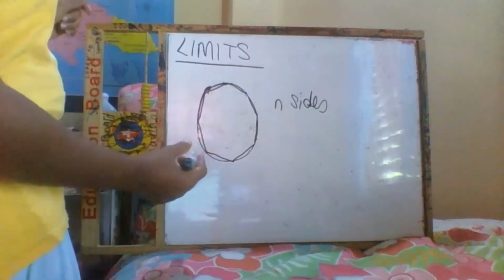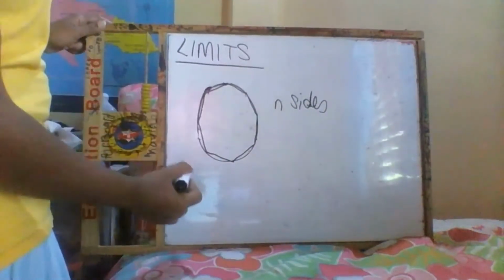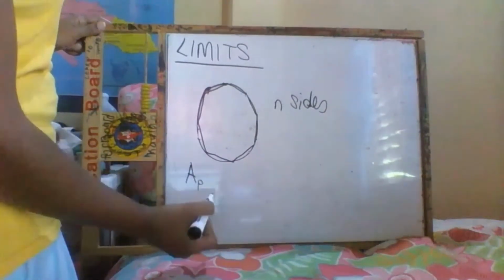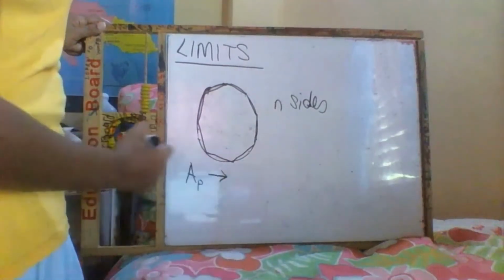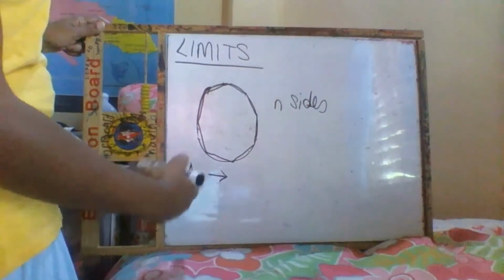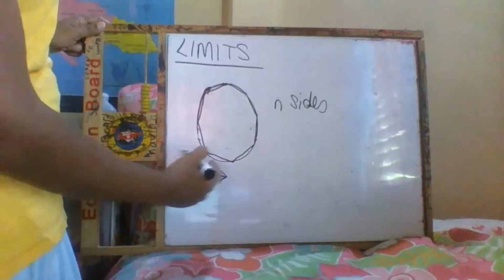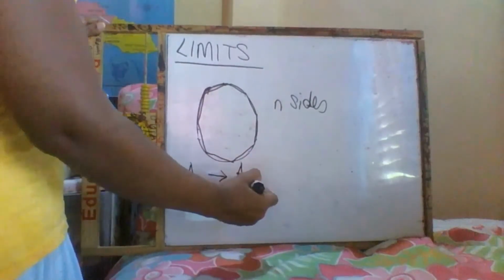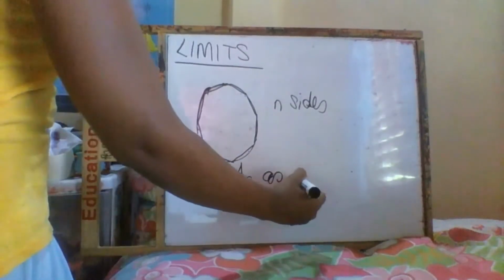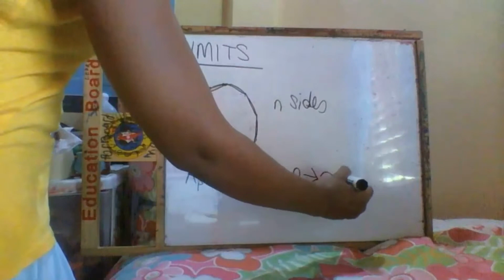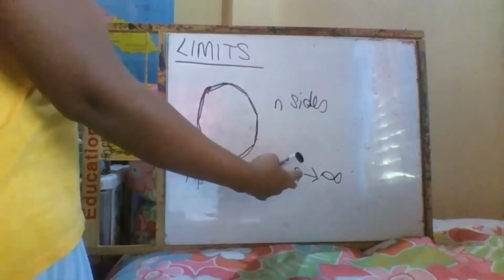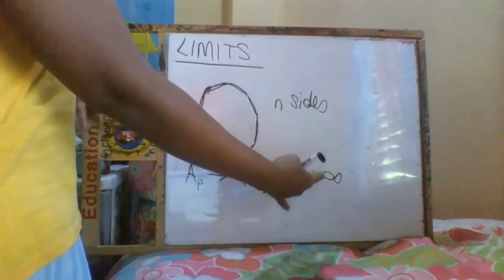So how we'd write this now, when we're dealing with limits, is that the area of the polygon goes towards, right, or approaches, or gets closer and closer to, that's what this symbol here means, the area of the circle as the n approaches infinity, or in other words, as n gets larger and larger and larger, right?